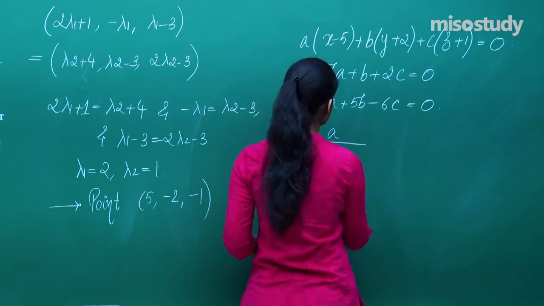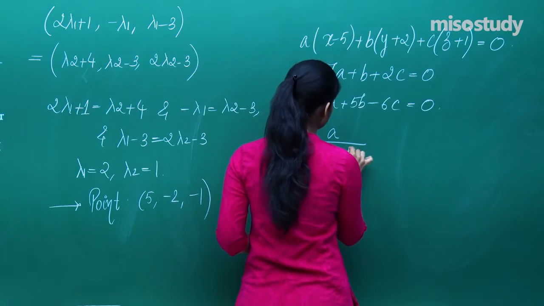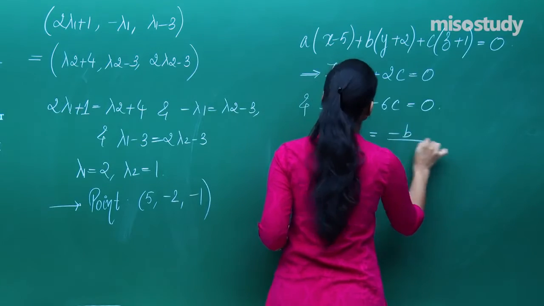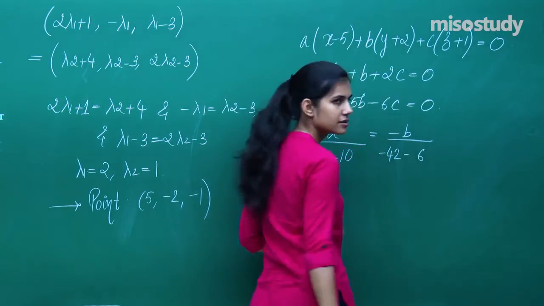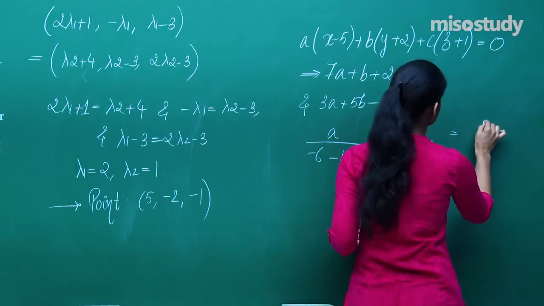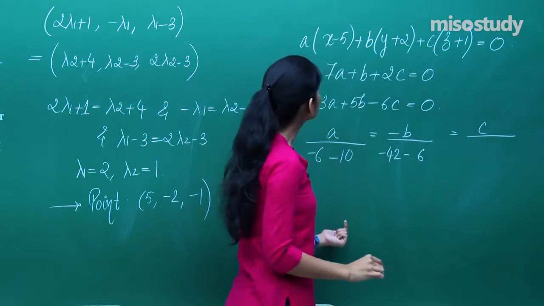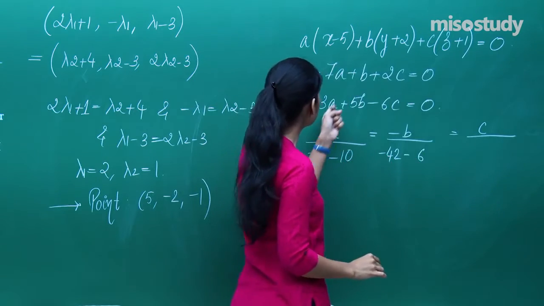c, you get minus 6 minus 10 equals minus b, then you get minus 42 minus 6. And then you have c upon, what do you get? 35 minus 3.